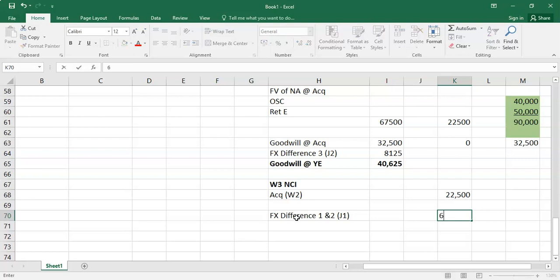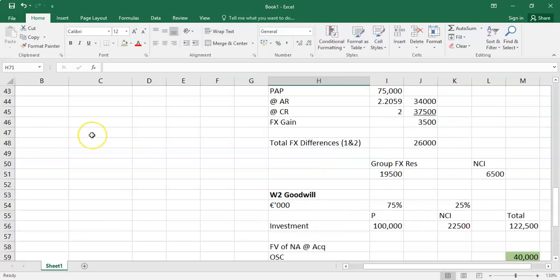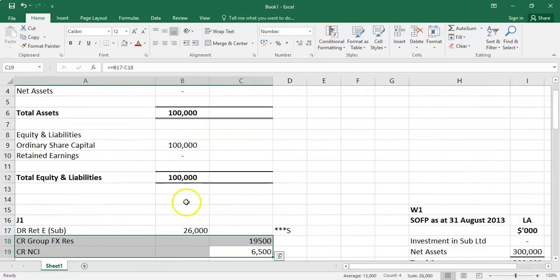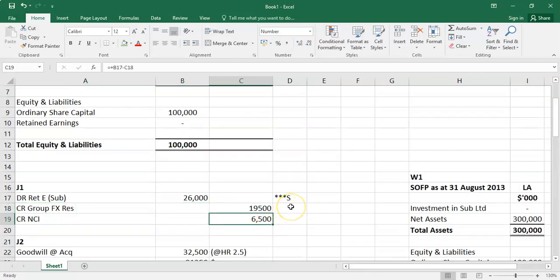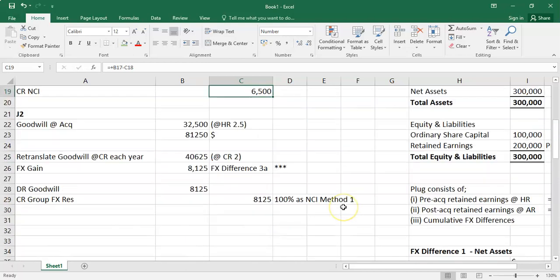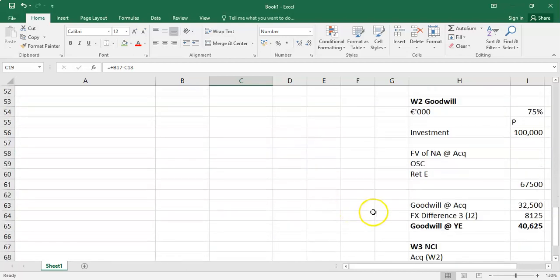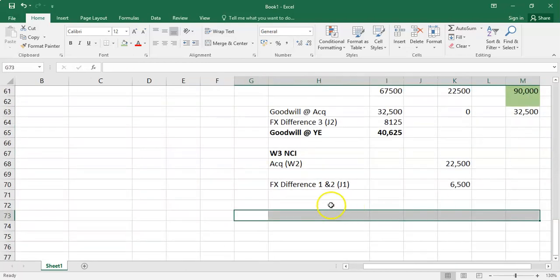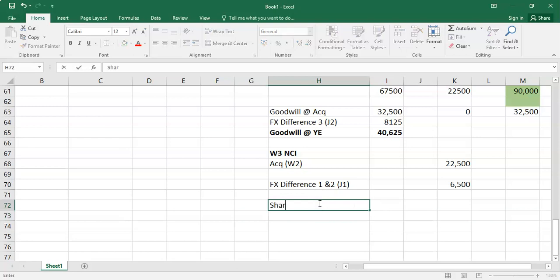We said we're going to give them 6,500. And remember, this was an FX gain. Up in journal 1, and we credited the NCI. That means you are increasing the NCI. The other thing that the NCI gets here is their share of post-acquisition profit.